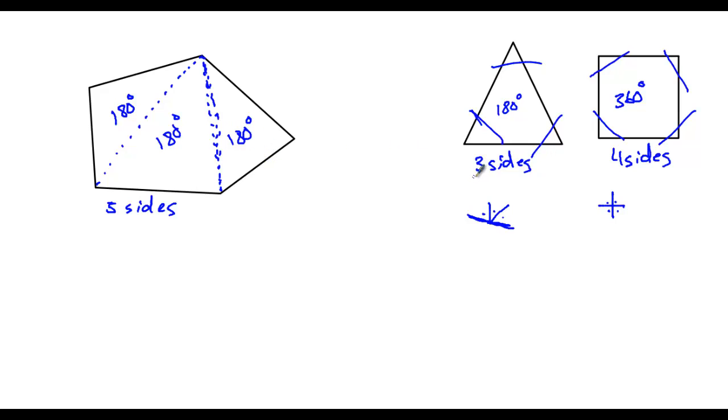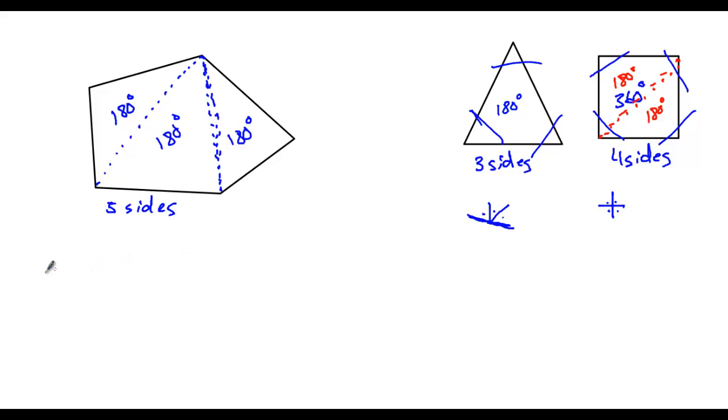So if something has 3 sides, I have 180 degrees. If something has 4 sides, there's a little part we left out, but hopefully you'll see it. If something has 4 sides, I have 180 degrees 2 times. If something has 5 sides, I have 180 degrees 3 times.